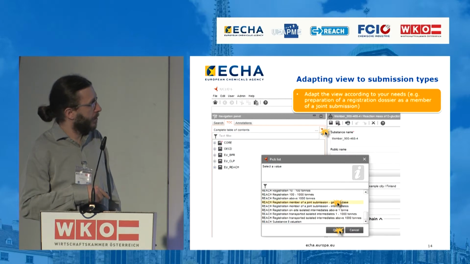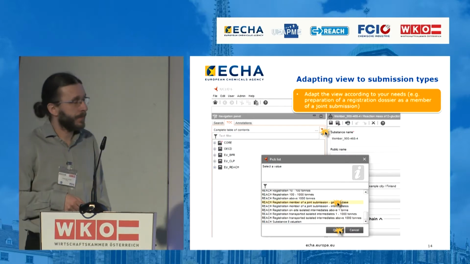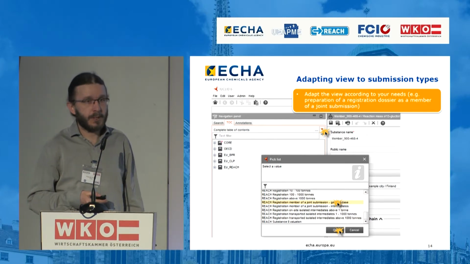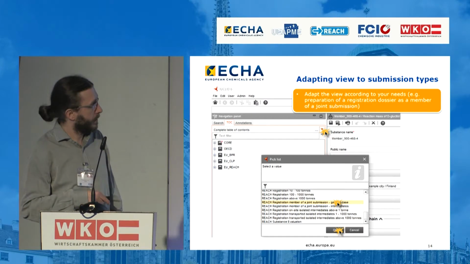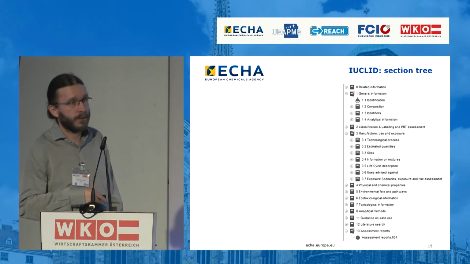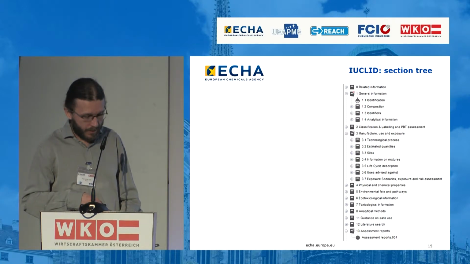And it will list all the possible types of dossiers that you can create with Euclid. So for example, if you are a member of a joint submission, you will select this submission type here. And the Euclid section 3 will be displayed according to what information is needed for this type of dossier, a member of a joint submission.